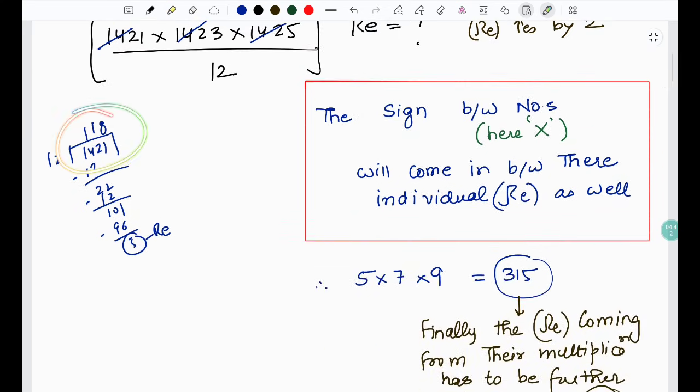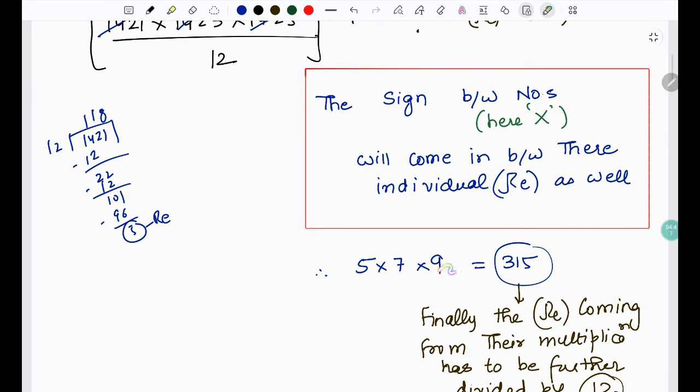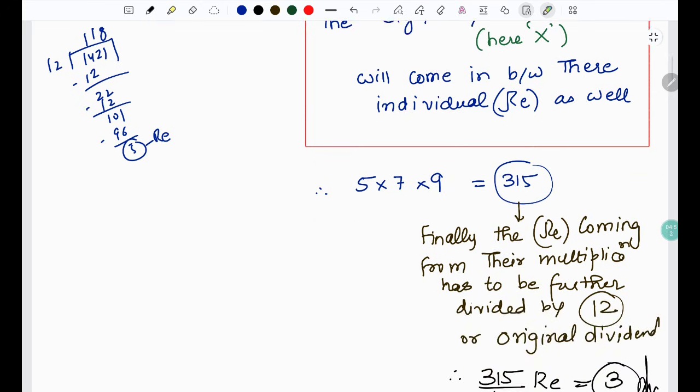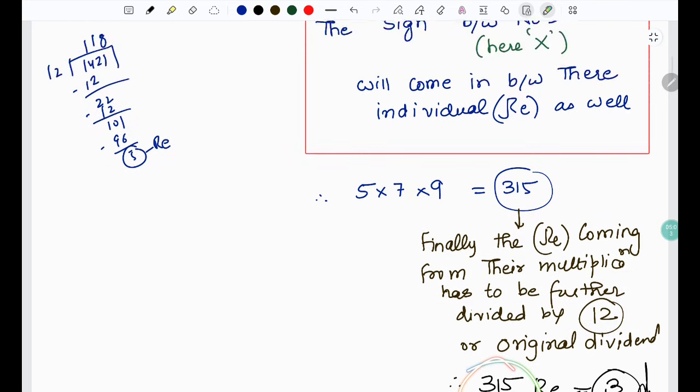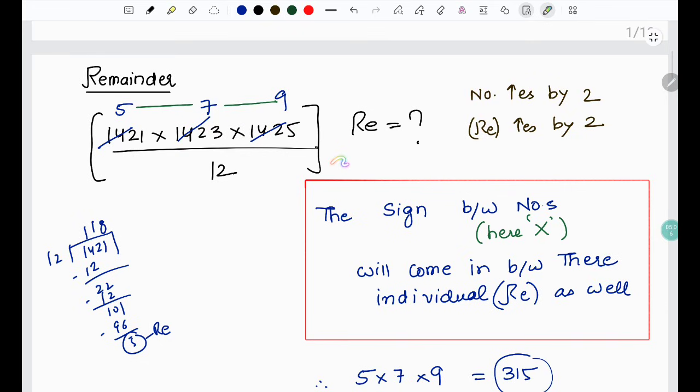As you can see, dividing 1421 by 12, the remainder comes out to be 5. And when we multiplied their individual remainders, the answer comes out 315. But this is not our actual answer. We have to further divide the multiplication of these remainders by the original divisor, that is 12, and after doing this the remainder comes out 3. That is our final answer. So for this question the final answer is 3.